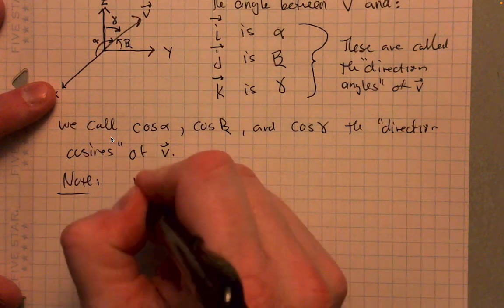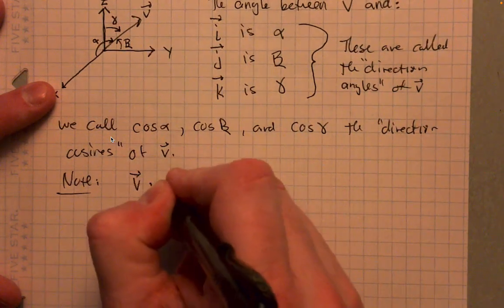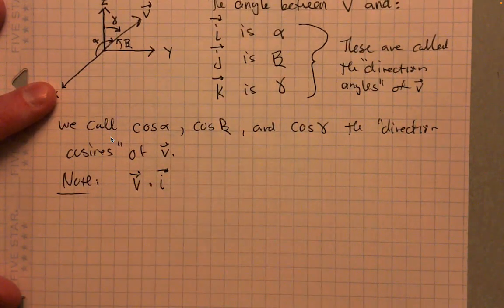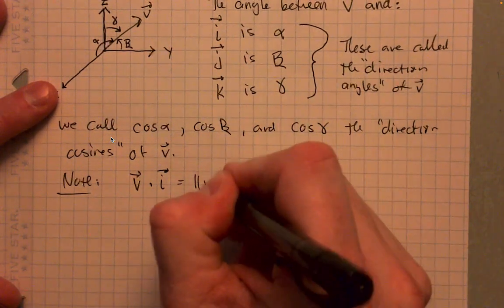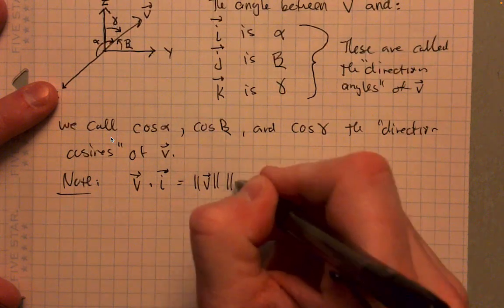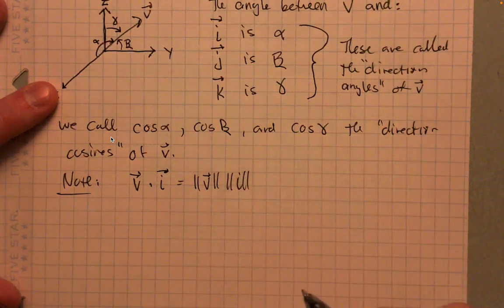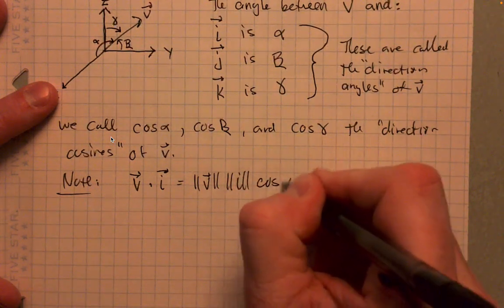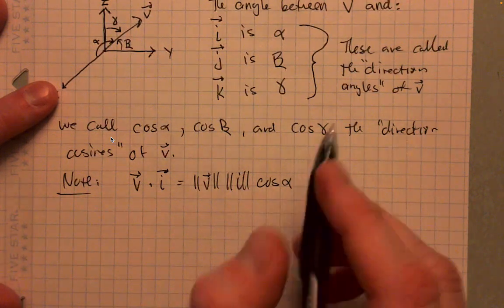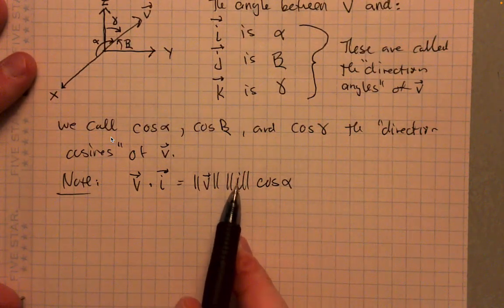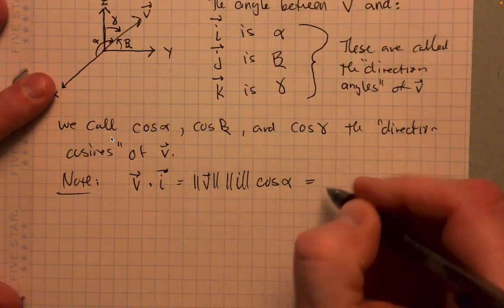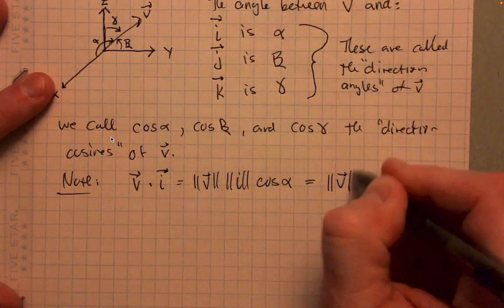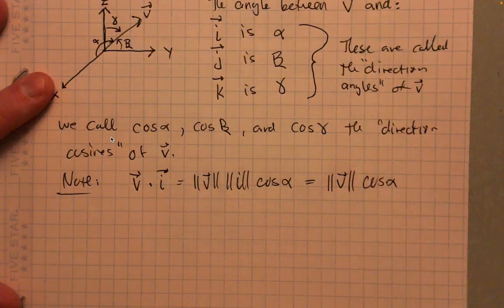Note that if I take v and I dot it with the i vector, we saw previously that this is equal to the norm of v times the norm of i times cosine of alpha. And the norm of i is 1, since it's a unit vector, so this is always equal to the norm of v times cosine of alpha.